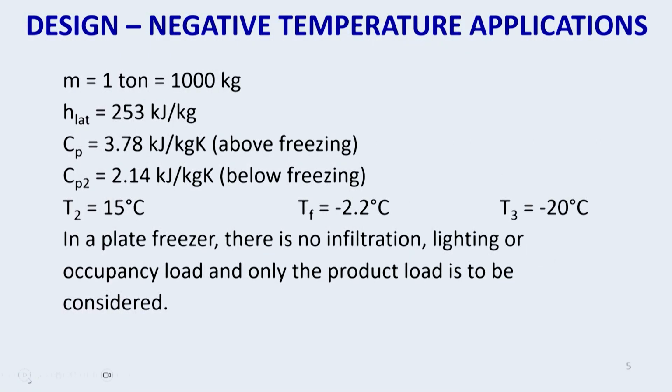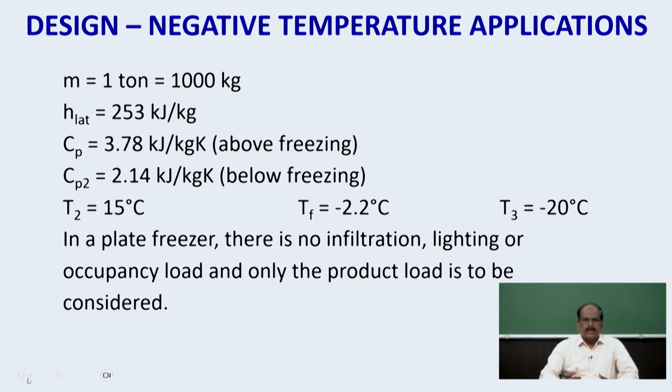If we see the specific heat capacity values of design problem number 2 and the previous one, they are the same, 3.78 and 2.14. Product loading temperature is 15, freezing point is minus 2.2, and the product temperature below freezing is minus 20.